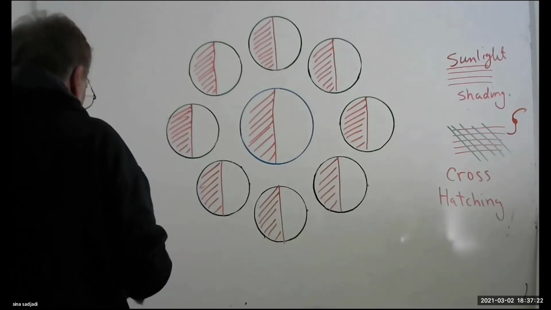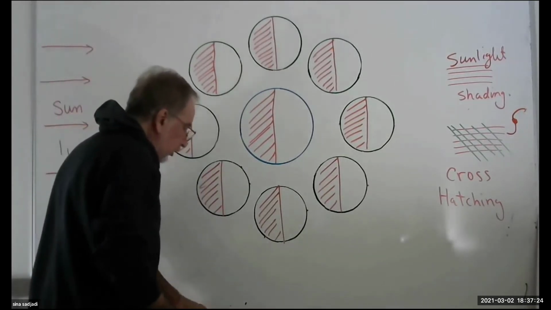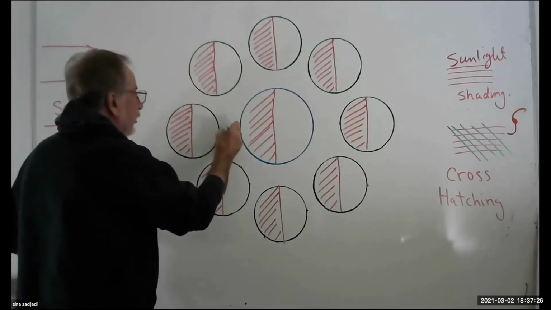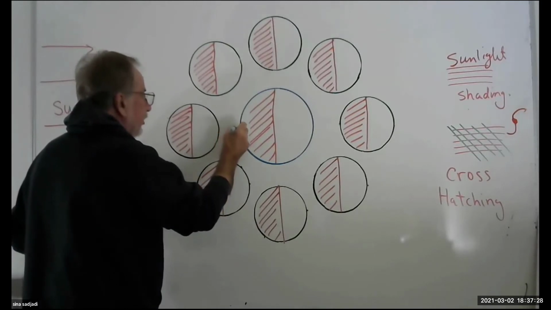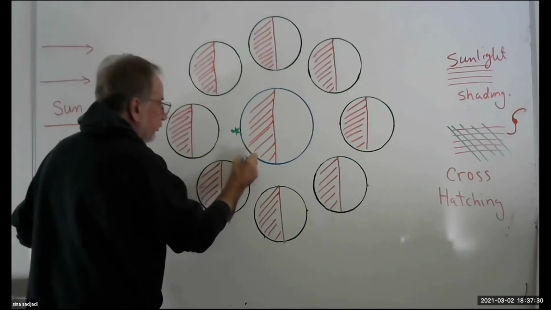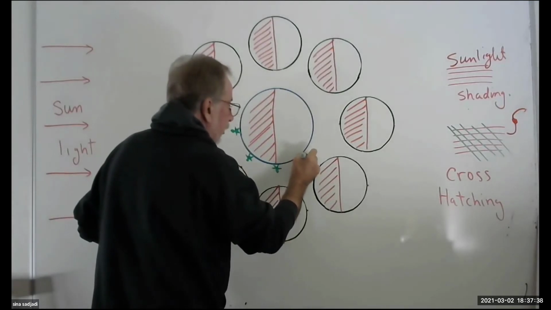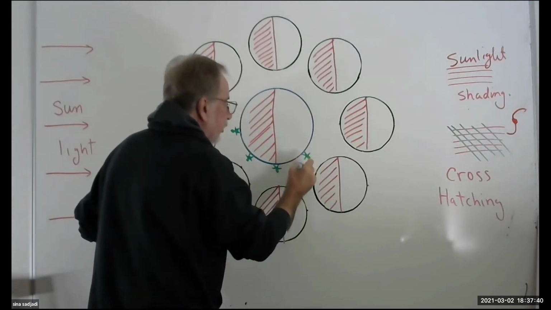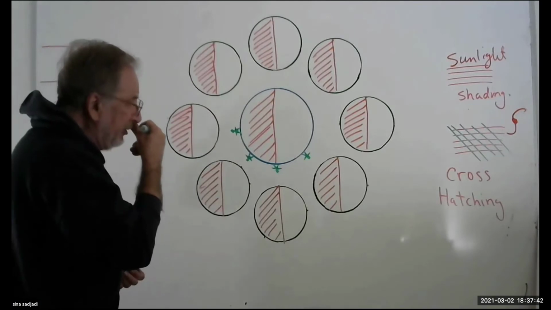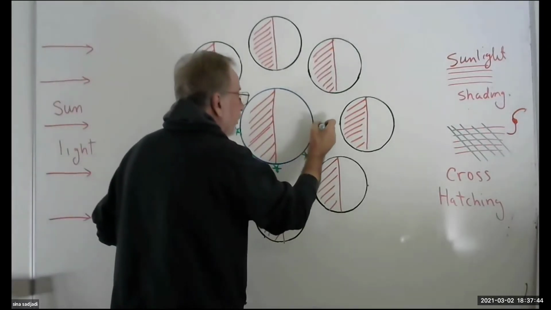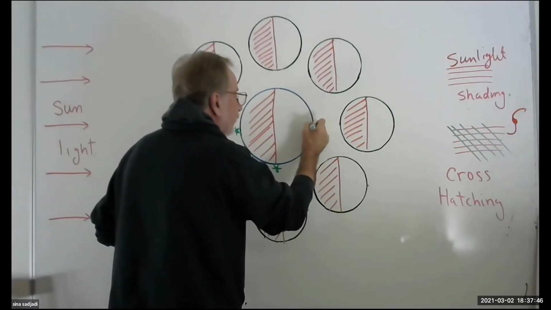Now the question is, if somebody's on the Earth, let's put some people on the Earth. Like these little green people living on the Earth. When they look at the moon, what do they see, right? What part of the moon would they be able to see that's lit by the sun?